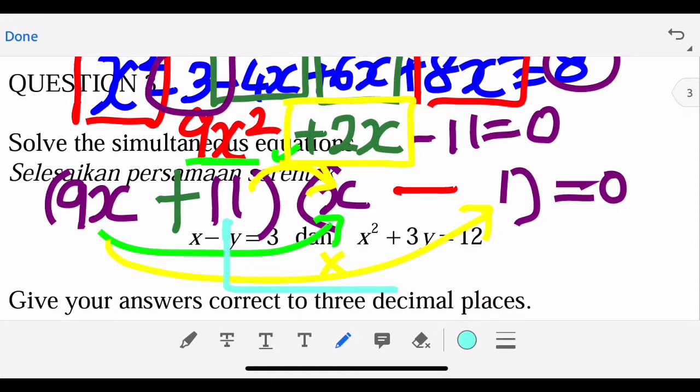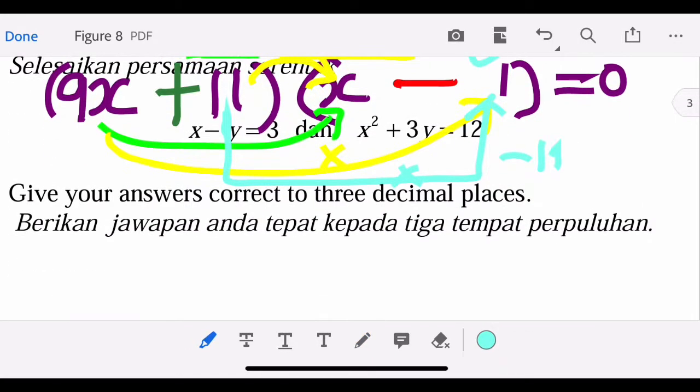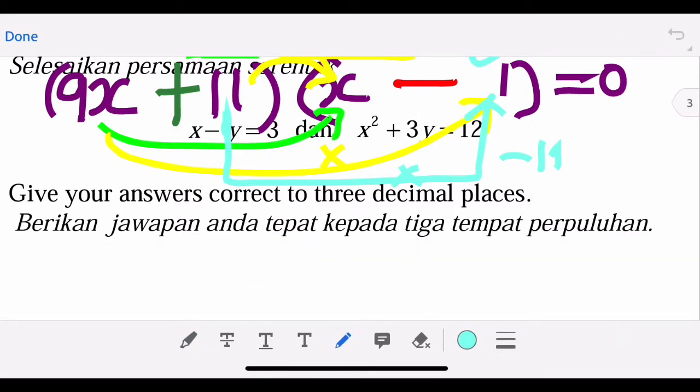Alright, so now we need to solve the factor. We need to let the factor equal to 0. So now we have to let 9x plus 11 equal to 0, and then x minus 1 equal to 0 to solve the x values.